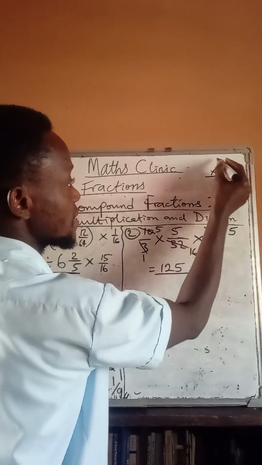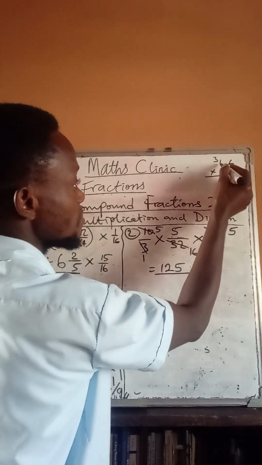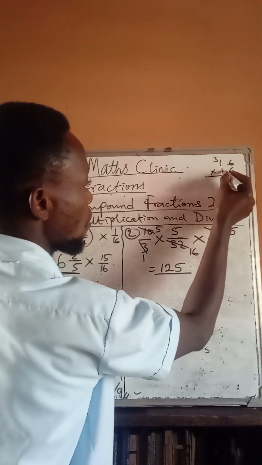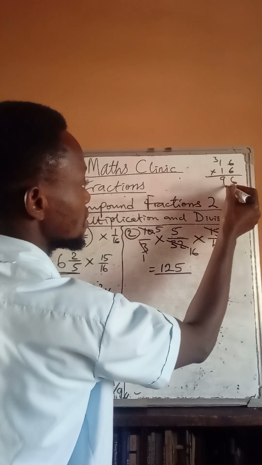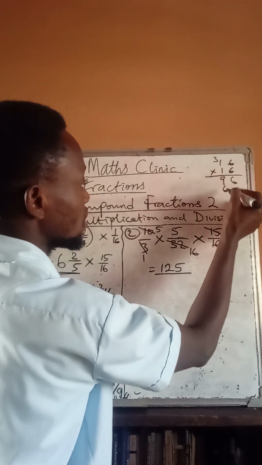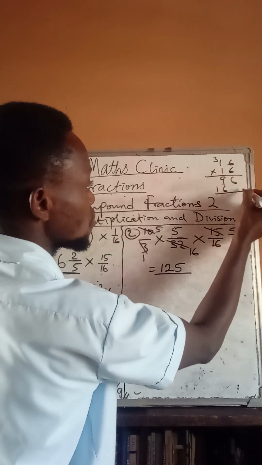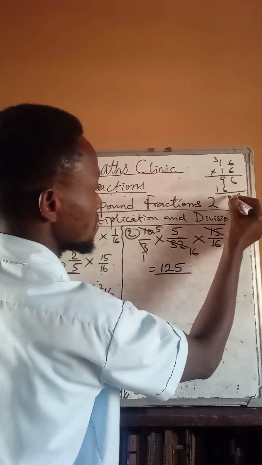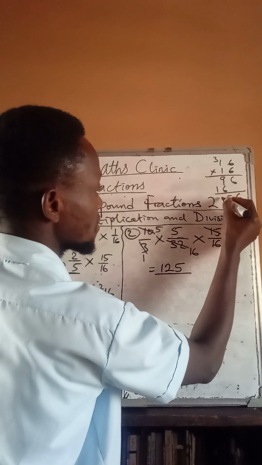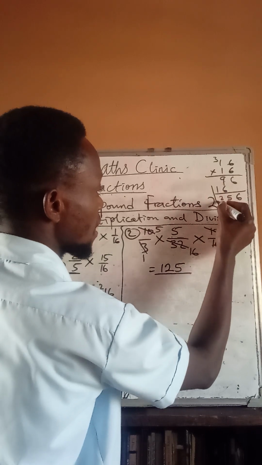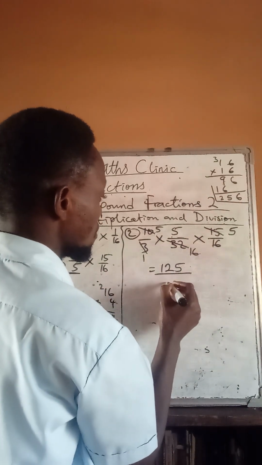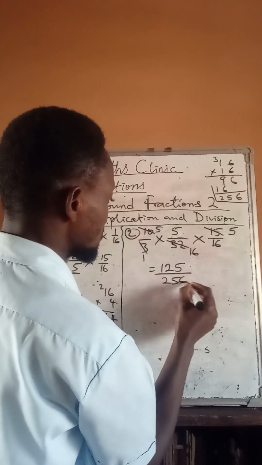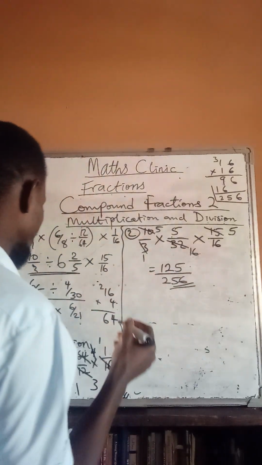You write down 6, take 3 down here. 6 times 1 will give you 6 plus 3, 9. 1 times 6 will give you 6. 1 times 1 will give you 1. So we have 6. 9 plus 6 will give us 15. Write down 5 and take 2 down here. So we have 256. Okay, so 125 all over 256. That is the answer for that.